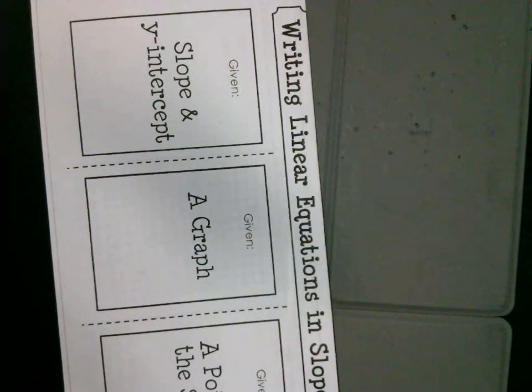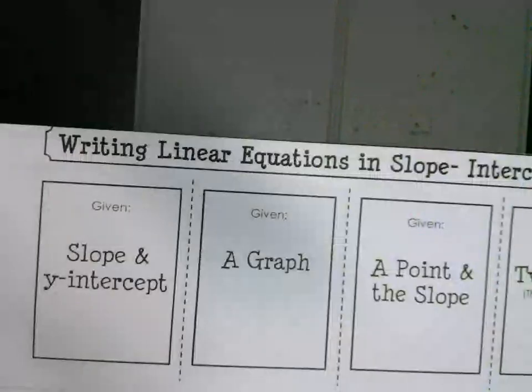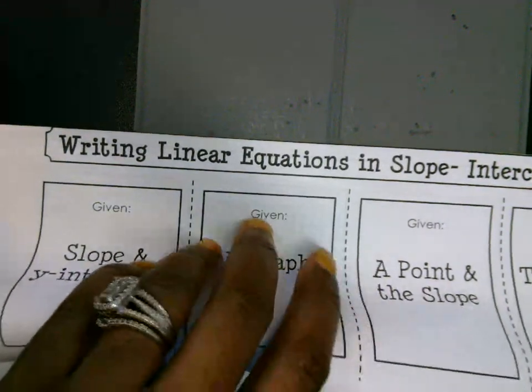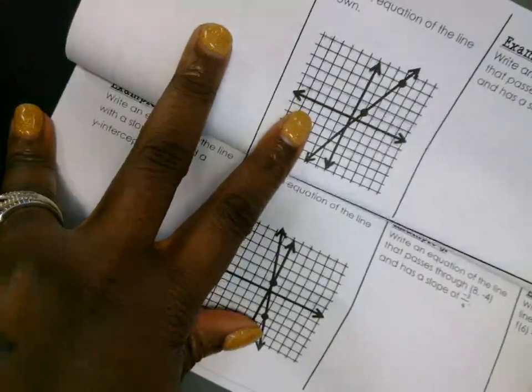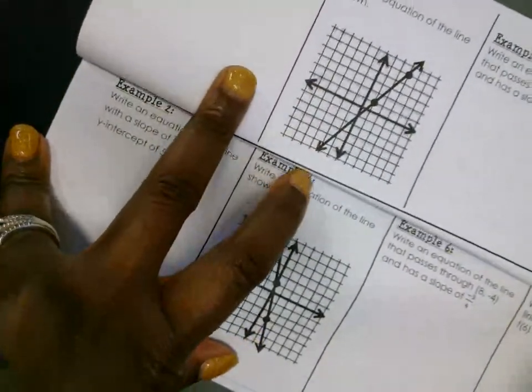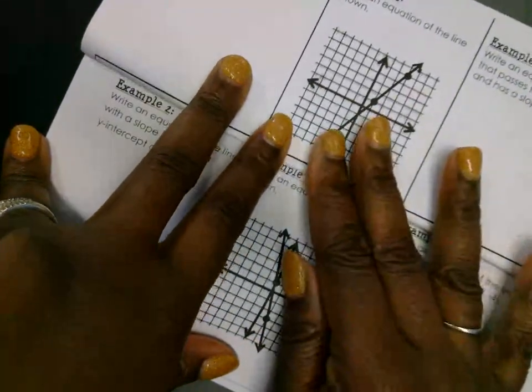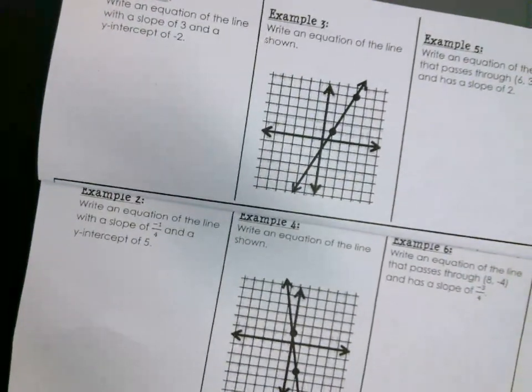I'm going to pause for the calls. I see some people struggling. All right, so now, please pay attention to this part because this is where people be messing up. You're going to fold this little flap upward to make sure you can see all the examples. Mine's a little crooked, but that's okay.